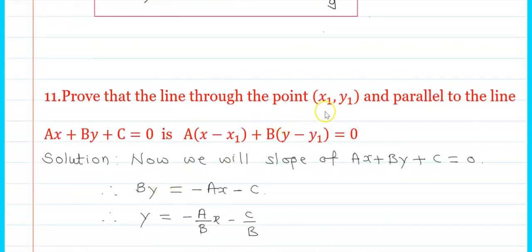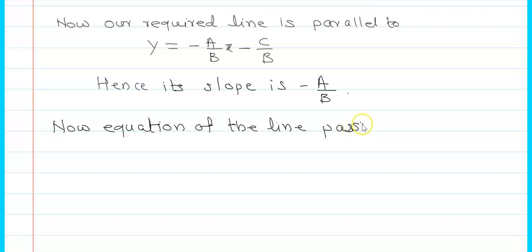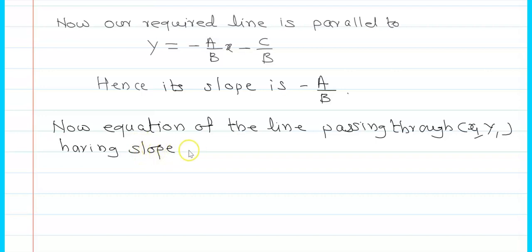Now the equation of a line passing through x1, y1, having slope minus a upon b, is y minus y1 is equal to m in bracket x minus x1.